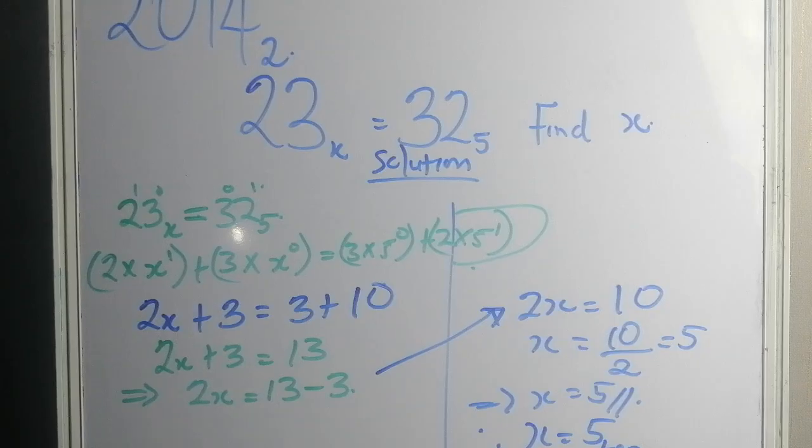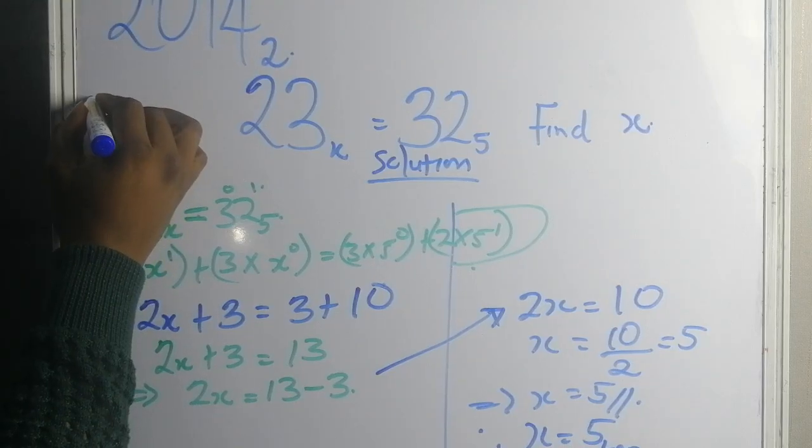Get your table out, put your 5 there, and start doing your division like we did in part 6, part 5. But now x is in base 10, that is why we are leaving the answer as x equals 5 in base 10.